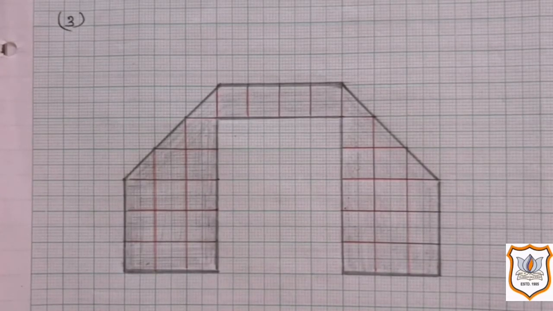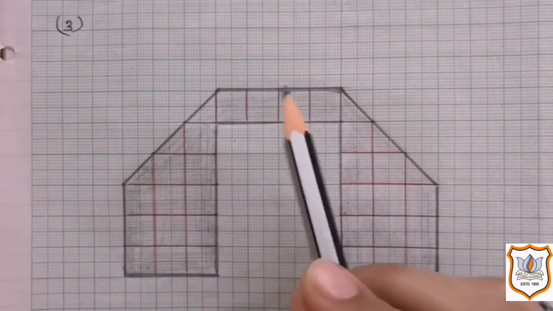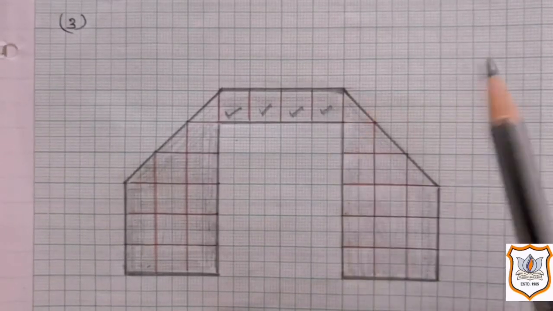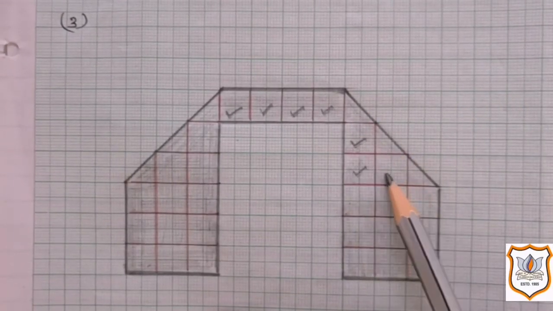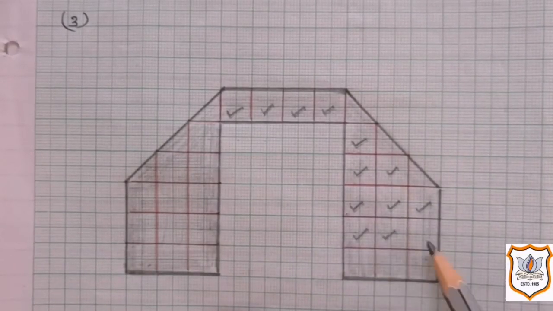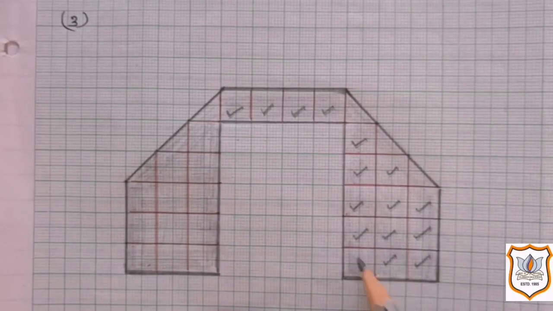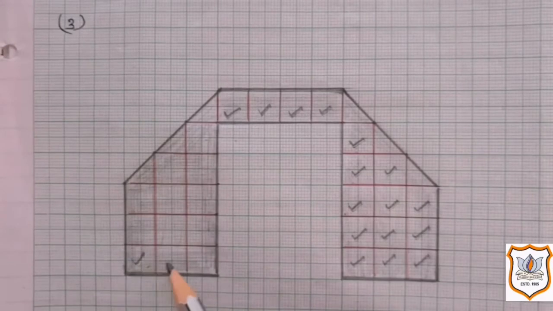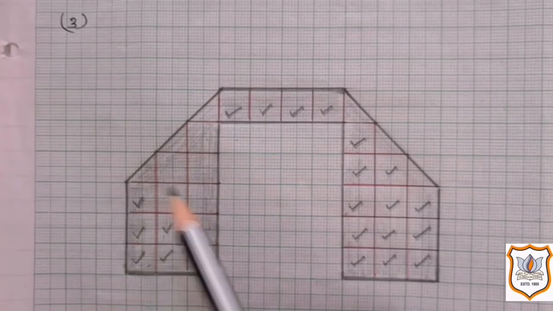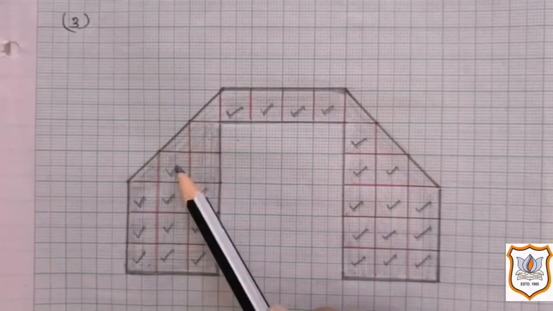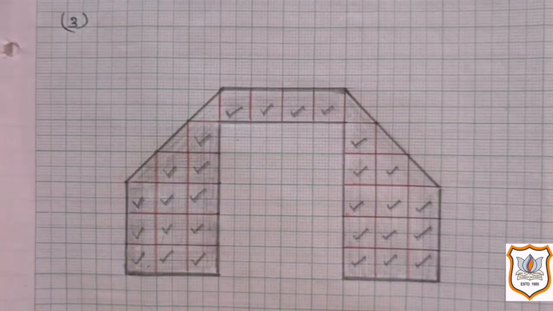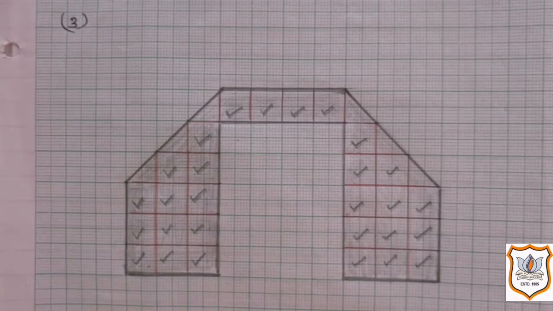So we will put a tick mark on the whole squares. 1, 2, 3, 4, 5, 6, 7, 8, 9, 10, 11, 12, 13, 14, 15, 16, 17, 18, 19, 20, 21, 22, 23, 24, 25, 26, 27 and 28. Here 28 whole squares are there, and we will put a cross on half squares.